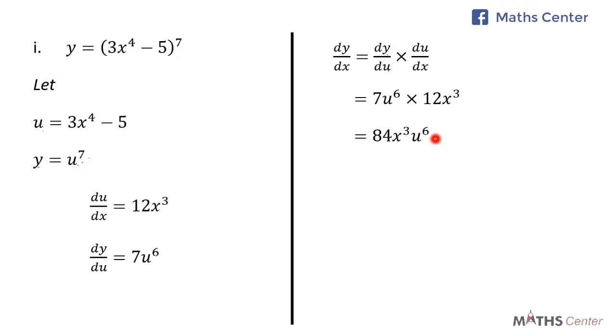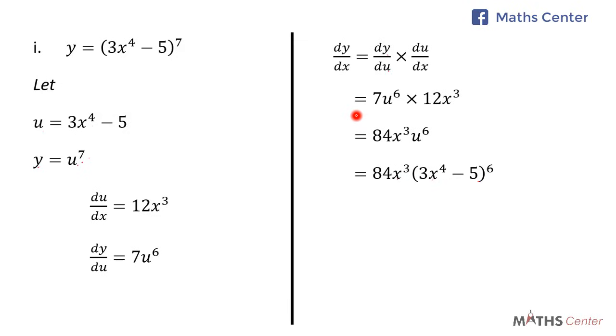But remember that we said u is equal to 3x^4 - 5, and so you have to bring it back. So when you bring it back, you have 84x^3 (3x^4 - 5)^6. So this gives us our dy/dx.